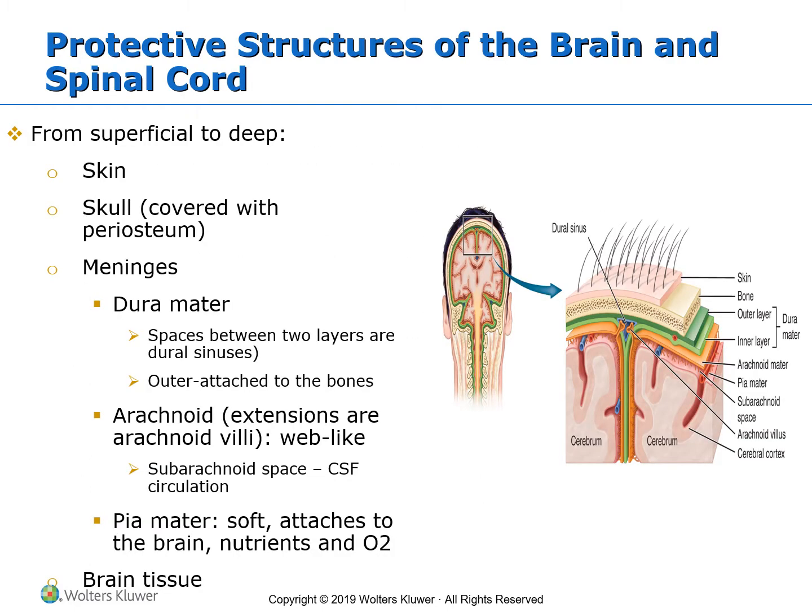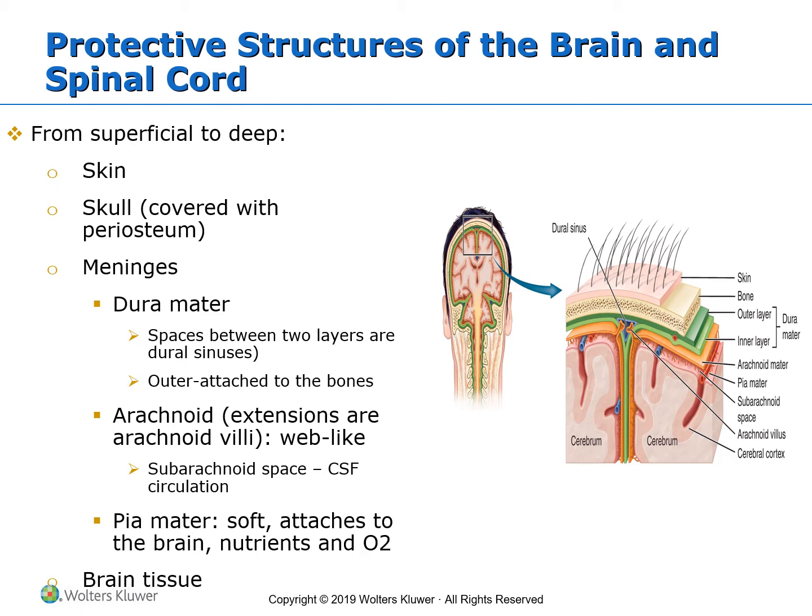We'll go very didactic, and we'll look first into the protective structures of the brain and the spinal cord. Going from superficial to deep layers, the first layer encountered when looking at the skull is the skin.